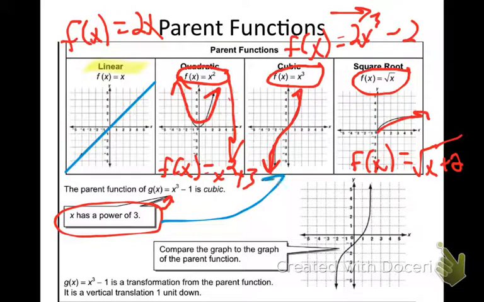We can compare this graph, x cubed minus 1, to the one down below, and notice that it is a vertical translation 1 unit down. Stop and think about why there might be that vertical translation 1 unit down compared to the base parent function up here of just f of x equals x cubed.